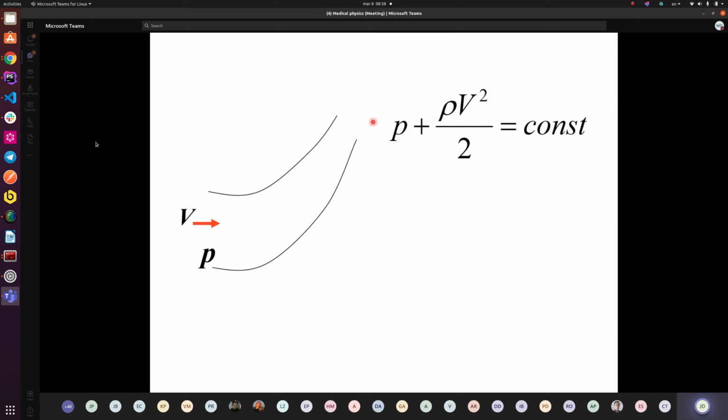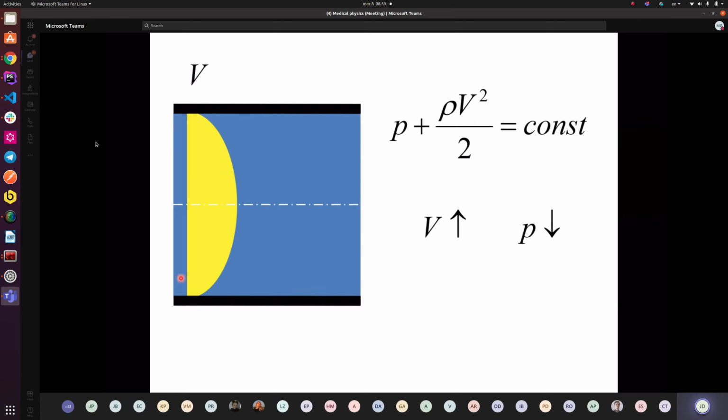The potential energy, meaning pressure P, plus the kinetic energy of the flow, rho V squared over 2, where rho is the density of the liquid, must be constant. Very simple formula. Again, P is pressure, rho is density, V is velocity.